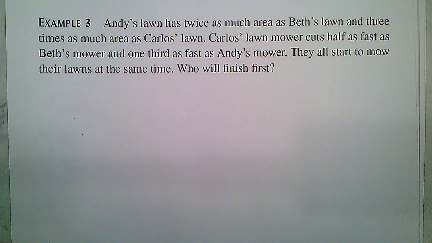Carlos's lawnmower cuts half as fast as Beth's mower and 1/3 as fast as Andy's mower. They all start to mow their lawns at the same time. Who will finish first? Okay, so I've got relationships between area and relationships between the mowers.